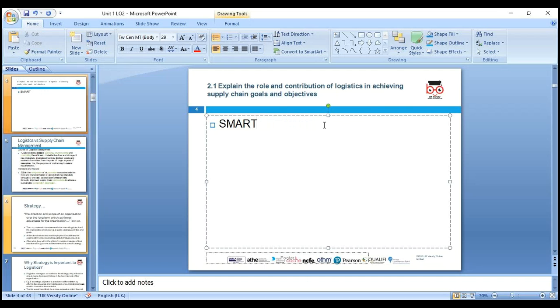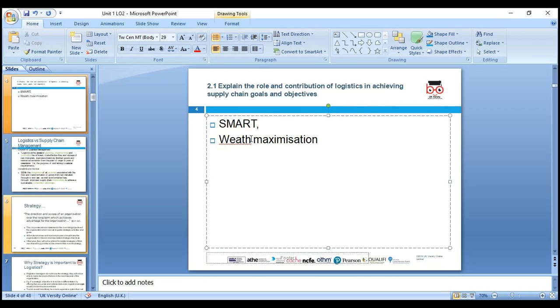We discussed SMART objectives: specific, measurable, achievable, realistic, and time defined. So our objective can be wealth maximization, because we want to make sure that we maximize the wealth of our shareholders.